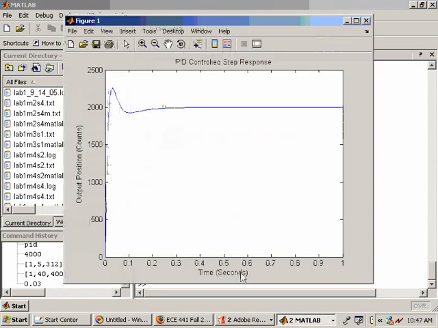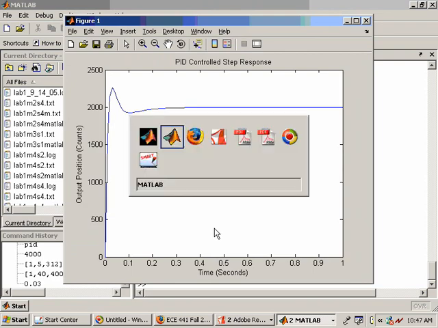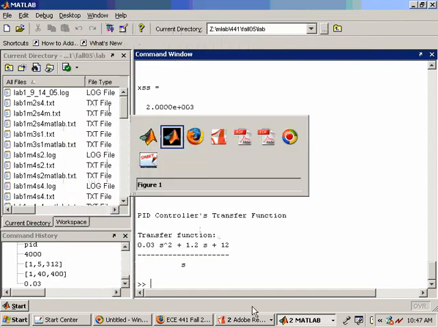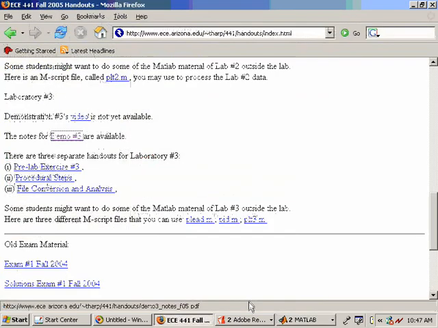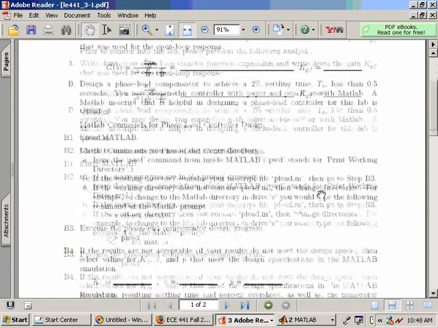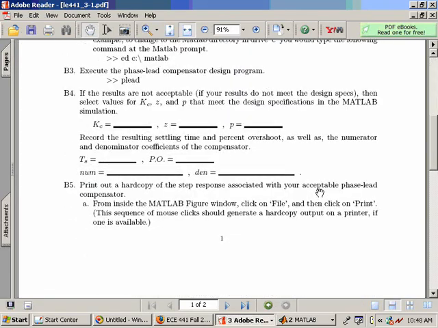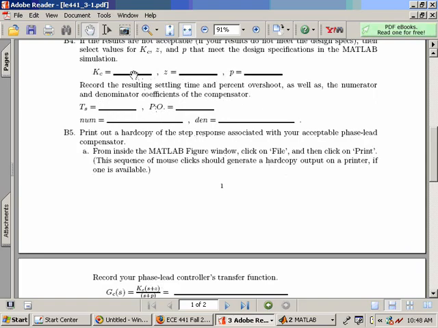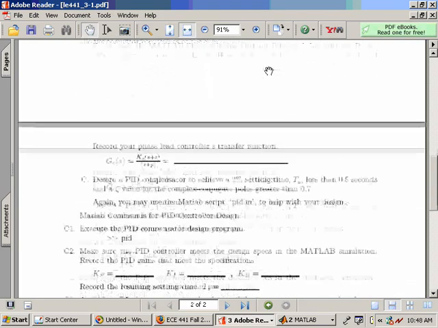And that's what you have to do then on the lab, is figure out what your controller structure needs to be. You will then use that to help you fill out this particular handout, which is the pre-lab exercise. You'll fill in your gains for your PID controller, the 0 location and the pole.